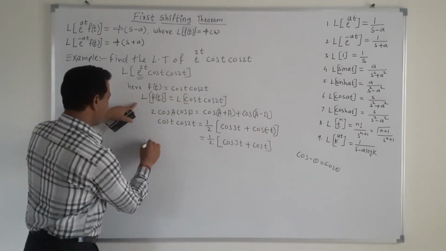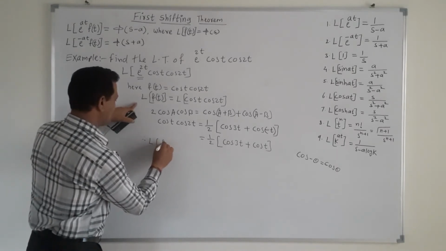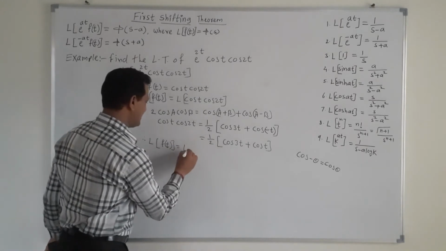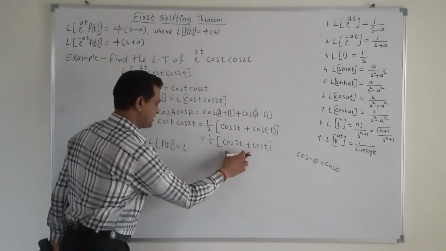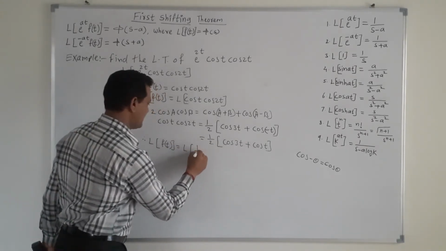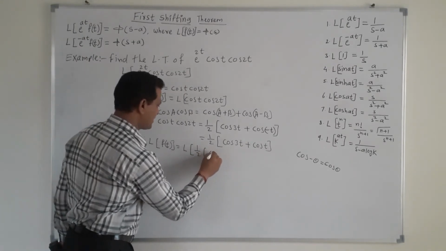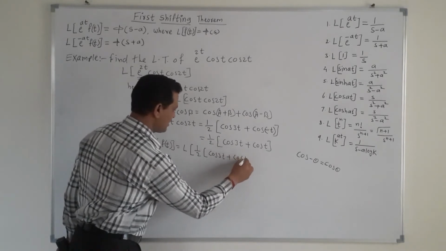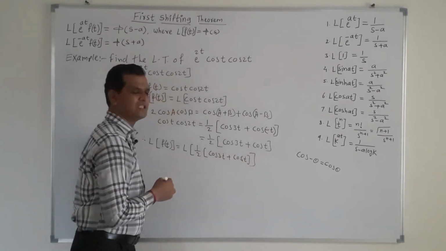Therefore we can write the Laplace transformation of f of t is equal to the Laplace transformation of 1 upon 2, in brackets cos of 3t plus cos of t. Now this bracket is over.